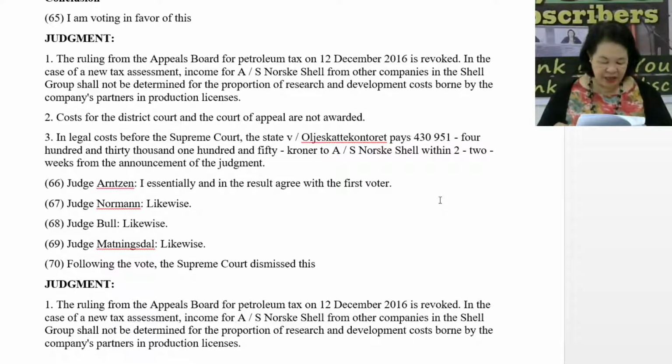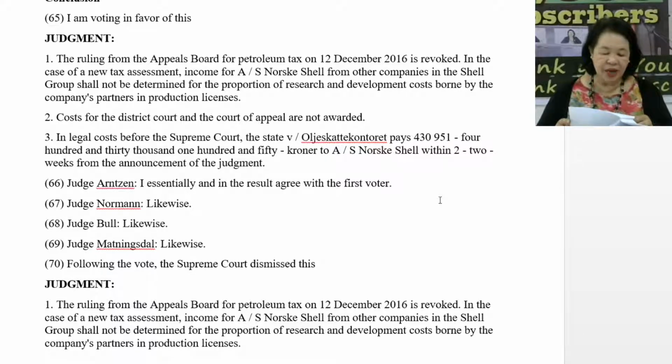Judge Arntzen, I essentially and in the result agree with the first voter. So lahat sila in favor sila na kay Norske Shell. Judgment, the ruling from the Appeals Board for Petroleum Tax on 12 December 2016 is revoked.